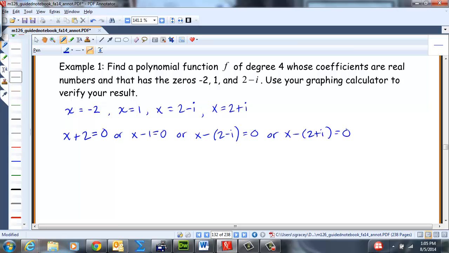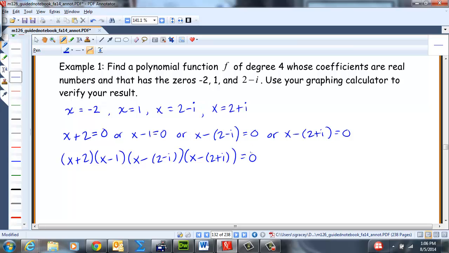So using the zero product property in reverse, we have x plus 2 times x minus 1 times x minus quantity 2 minus i times x minus quantity 2 plus i is 0.